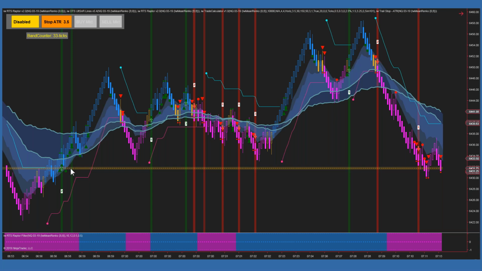Why is that important? Well, don't forget the E-mini trades at $12.50 a tick. The NASDAQ trades at $5 a tick. So in theory, you could take at least 2 contracts for every E-mini contract, right? Because 2 times 5 is 10. That still gives you less risk than the E-mini contract.